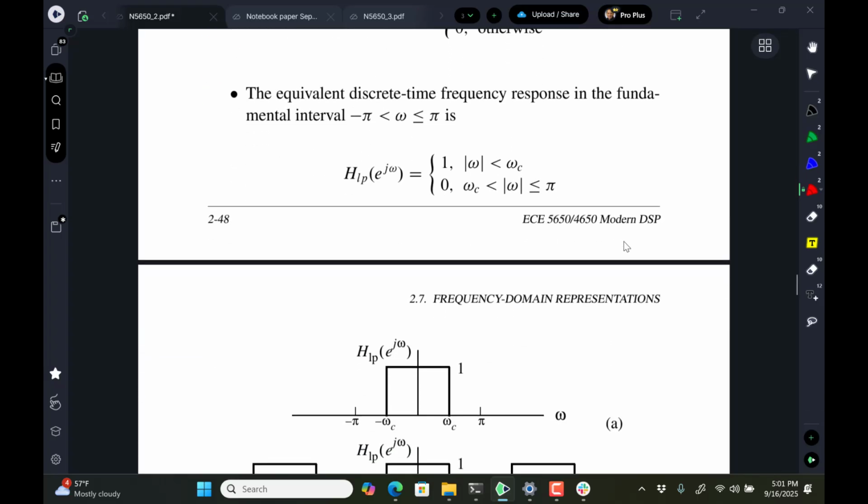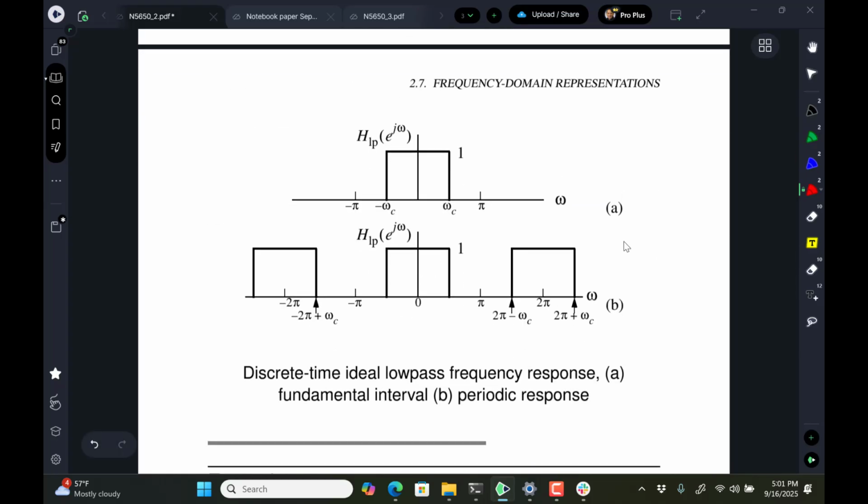If we want to look at the equivalent of that in the discrete time domain, we would just have a lowercase omega c. And if we take into account the fact that all spectra or frequency responses are periodic, if we talk about omega c lying between 0 and pi on little omega for our digital filter, we're good because we don't have an overlapping frequency response.